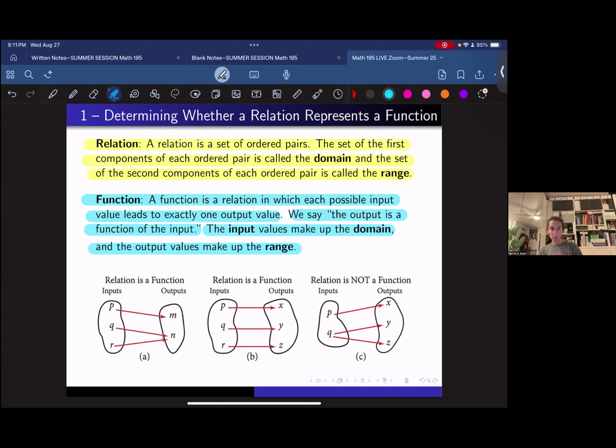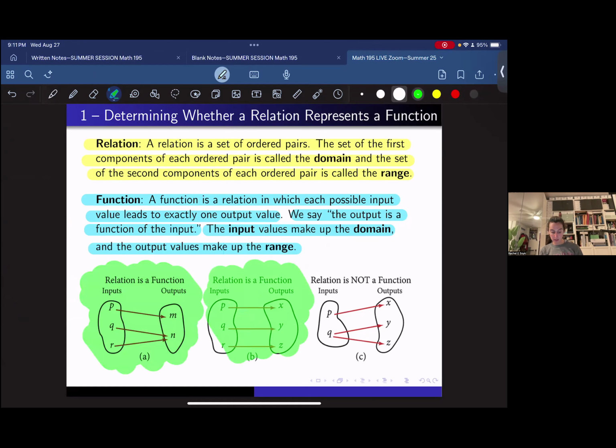And so down below, visually, we have a few visual representations of relations that are functions. And you can clearly see that the ones that are functions have unique x values, meaning the x values are not repeated, whereas a relation that's not a function, notice how an x value is repeated.